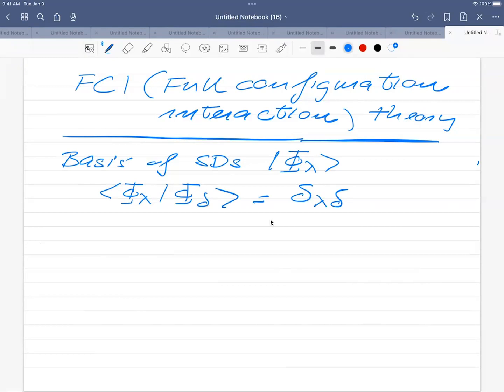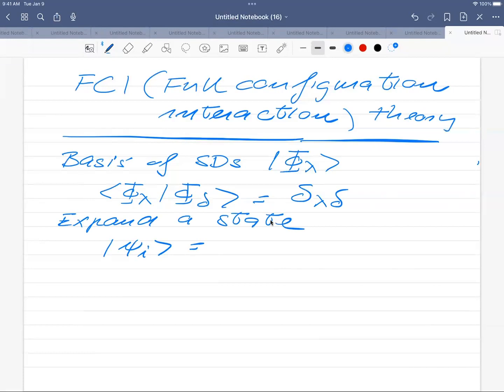And then a given state can now be expanded in this orthonormal basis. So expand the state. And we're going to call this psi of I. And this state is the state which we are going to use as the state which is an eigenstate of the full Hamiltonian.